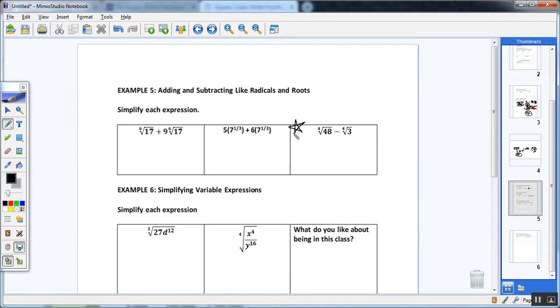How many sixth roots of 17 do you really have here? 1. So what's 1 of this mess plus 9 of this same mess? How many messes are there? So I could call this 10 times the what root? Now the question becomes this: am I done?